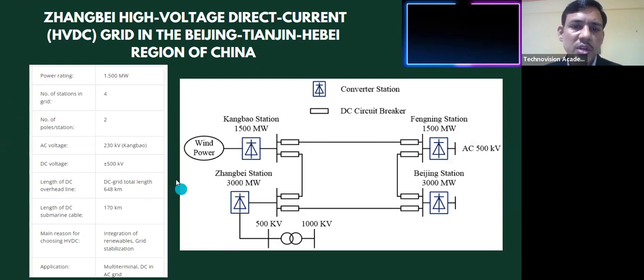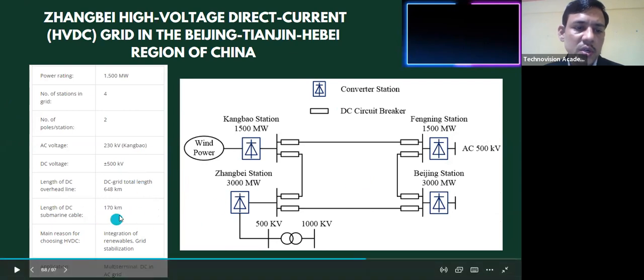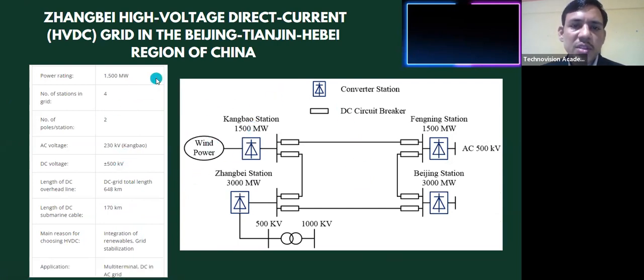So these are some of the ratings and the diagram of this. Here plus minus 500 kV DC voltage is used, with 170 kilometer length cables. 1500 megawatt is the rating of the voltage source converter at this end.